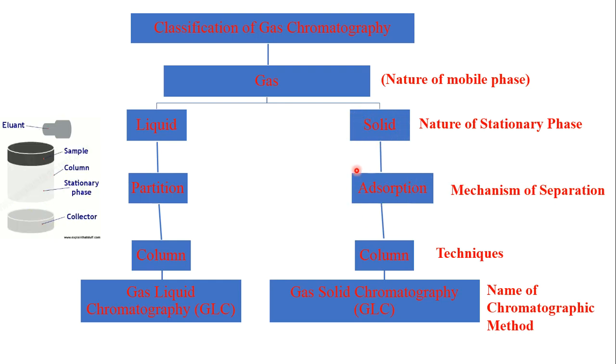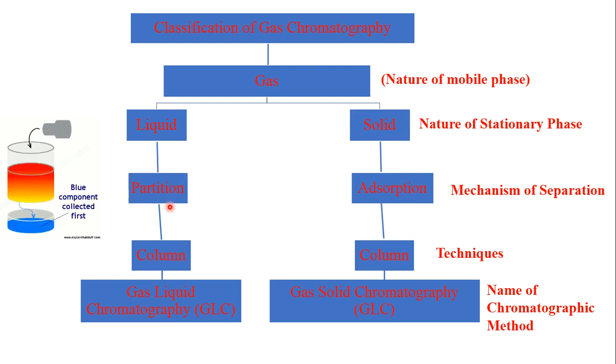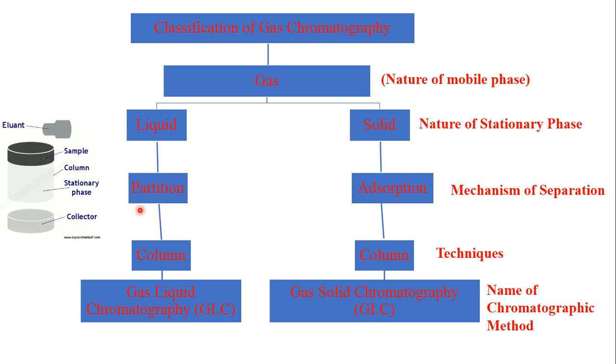These adsorbed molecules do not go inside the solid particle, but in partition the sample molecules go inside the liquid phase. So this is actually a solubilization of the unknown sample molecules inside the liquid.